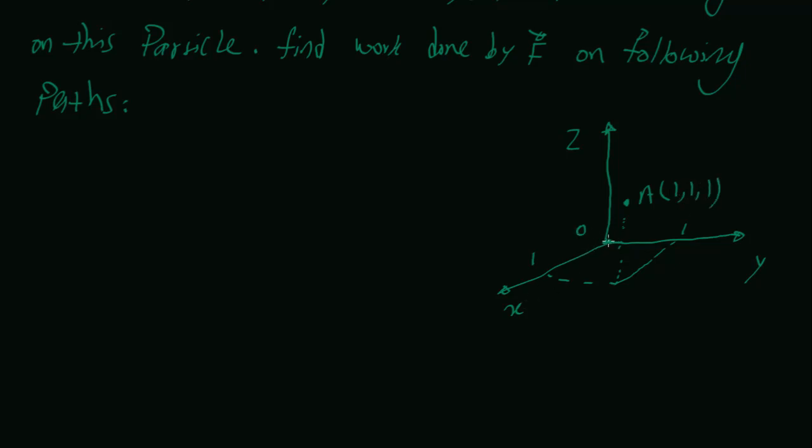So the particle P is going from point O to point A on the following paths. The first path is just going from O to this point here. Let's call this point B. Let's use another color here.